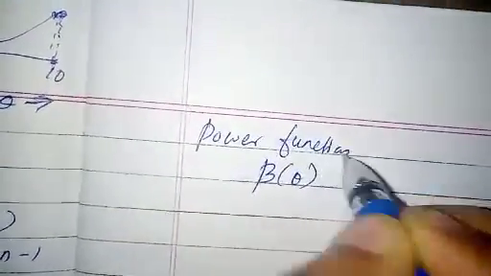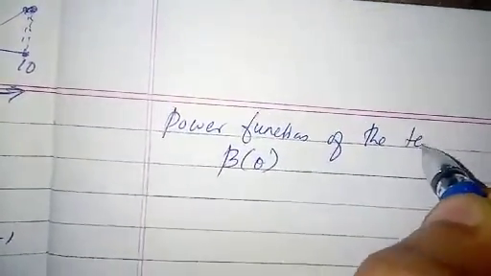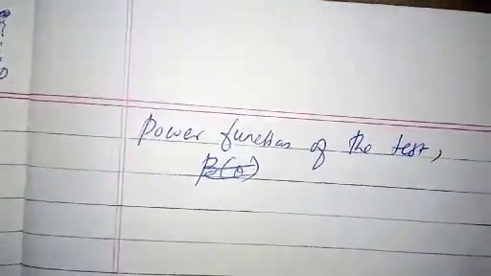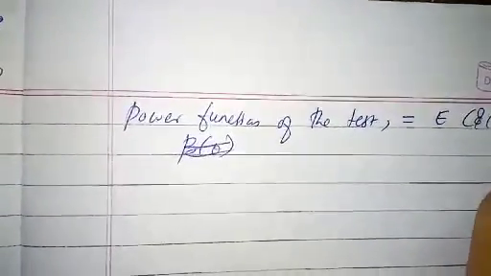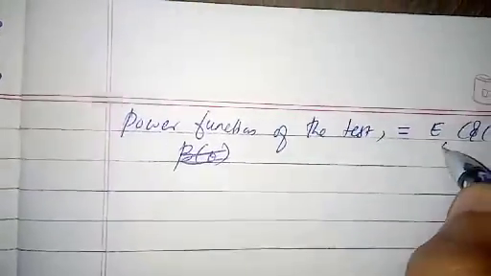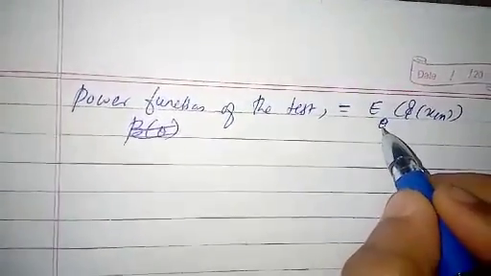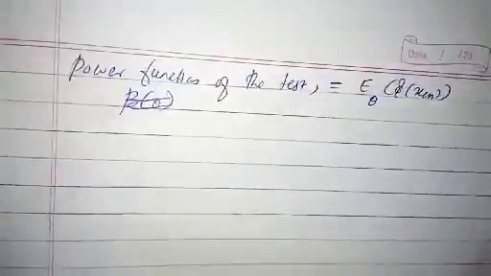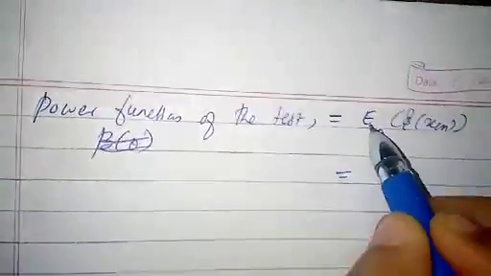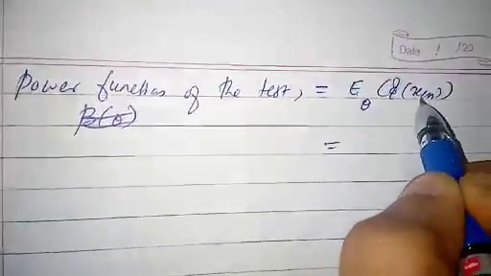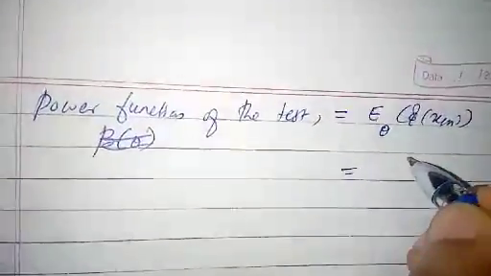Power function of the test equals expectation of phi of xn for various values under the parametric space, right? Here expectation of phi of xn is beta of theta. We know what the value of beta of theta is.